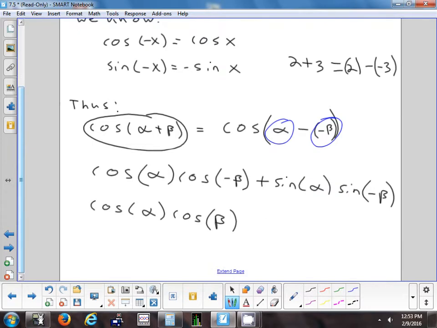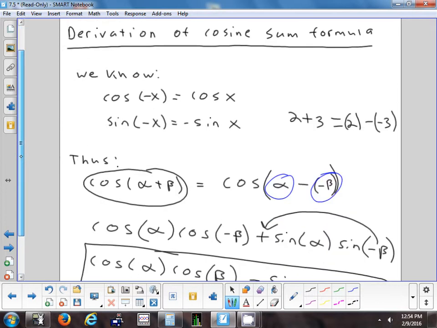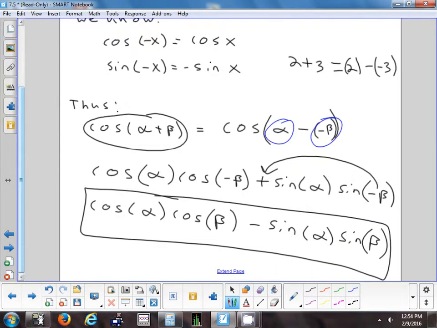And what about the negative on the sine? You put it before the sine. Yeah, we can put it in front. We can't get rid of it, but we can put it before the sine, or we can just put it before the entire thing. So what we end up getting is minus sine alpha, sine beta. Okay, there is your cosine sum formula. So it's cosine cosine minus sine sine.